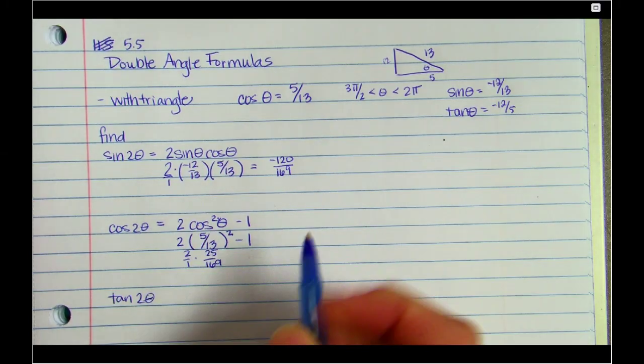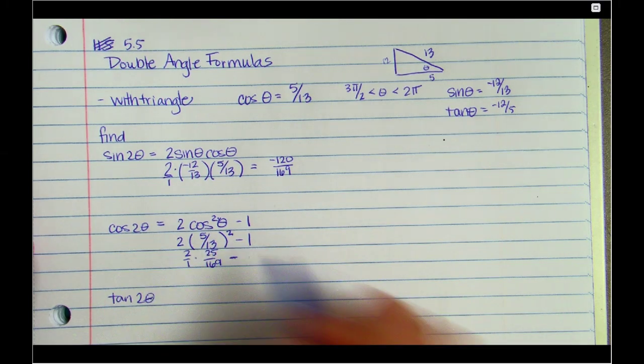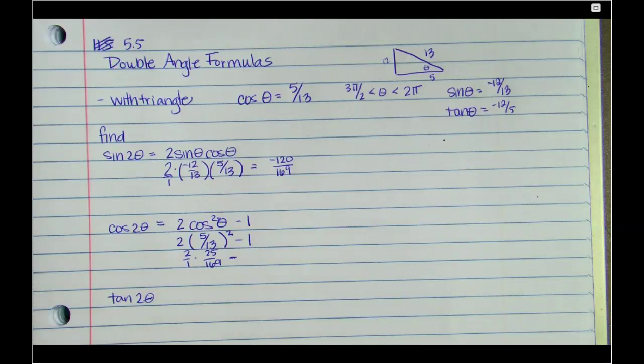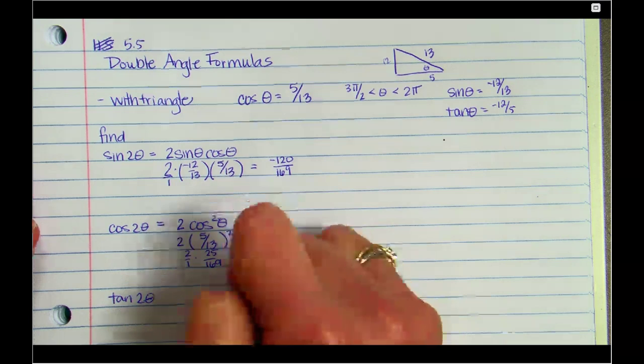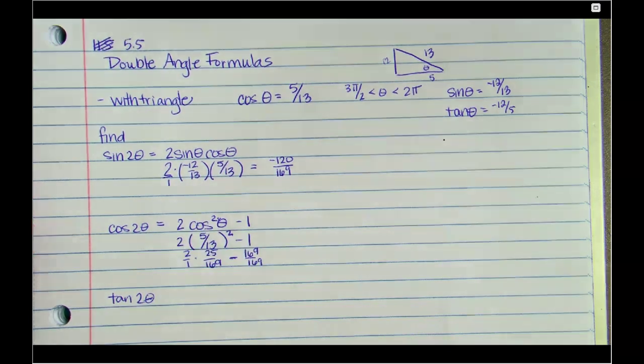Now let's do this in one step. We're going to have to combine fractions here, but that's okay because it's a 1. What is 1 going to be equal to, common denominator wise? 169 over 169. So you might as well do that.